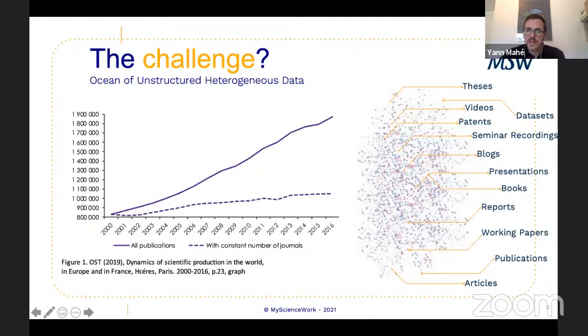In the scientific area, we notice that with the high number of publications, with the dataset challenges, with the different types of research objects that we would like to collect or put into our repository, like theses, videos, datasets, reports, working papers, and so on. So clearly there is a challenge there to deal with all that data.